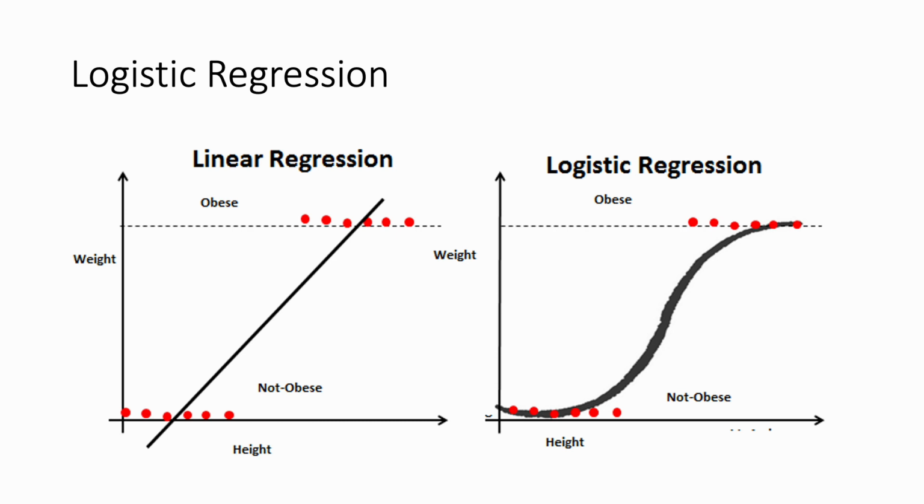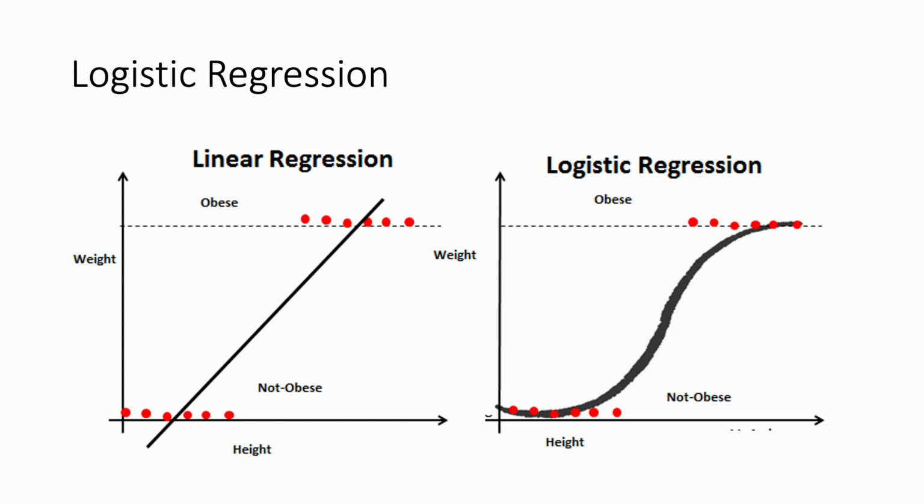Another reason to use logistic regression is that a categorical outcome variable violates the assumption of linearity of normal regression. We can see the weight is not linear with the height.